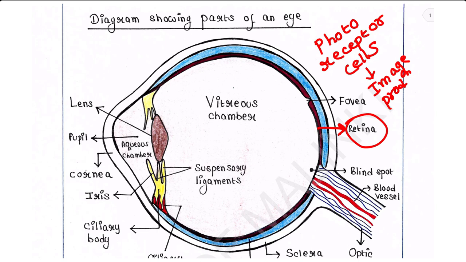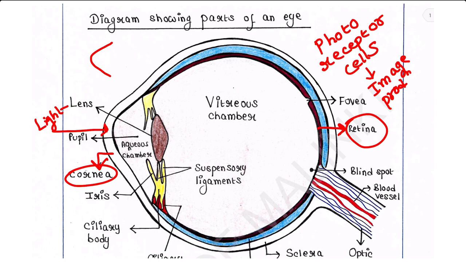So, light from outside first crosses the cornea. So, this is the cornea, and first light crosses this cornea from outside. Now, you can see that this cornea is curved like this, right? Therefore, it helps to focus light onto the retina.